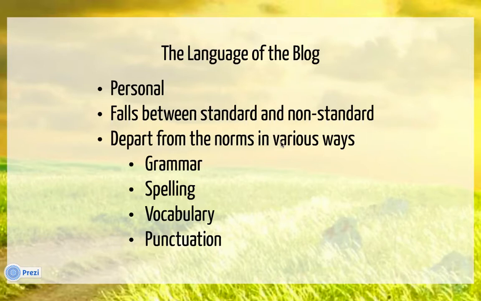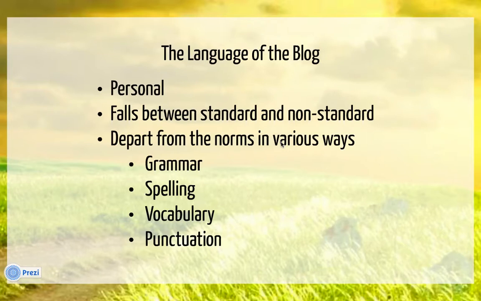Second of all, the language of the blog tends to fall between standard and non-standard English. What I mean by standard English is the English that we see in the copy-edited book. Non-standard English is the English that people use in their everyday life.